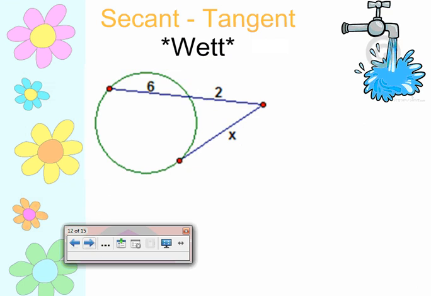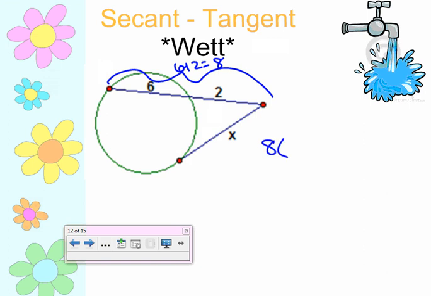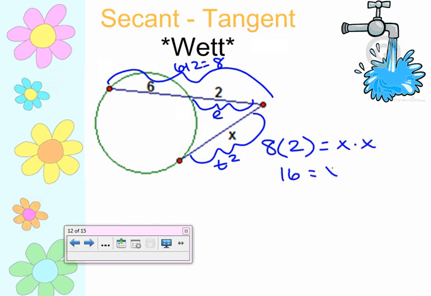Again, the whole value of the secant will be 6 plus 2, which would be 8. So 8 times our exterior, which is 2, times our tangent squared. So we're going to have x times x. So 16 equals x squared.